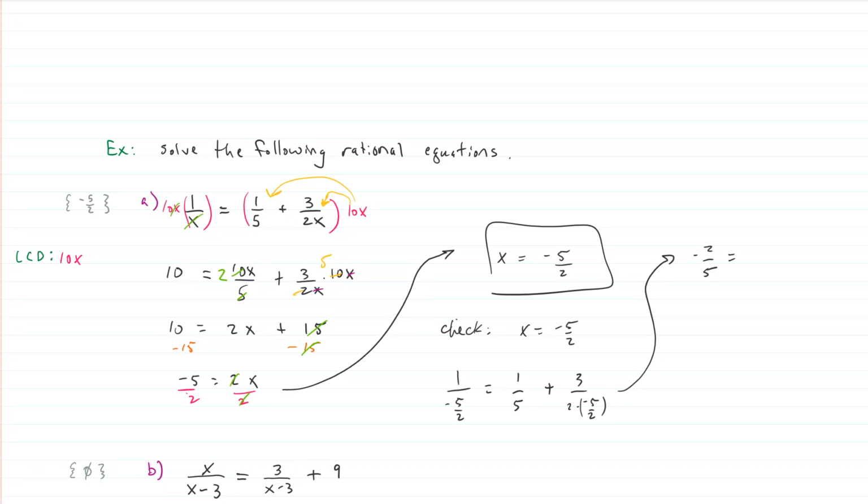And we have 1/5 plus, the 2's can cancel in the denominator. Here we get -3/5. And 1/5 minus 3/5 is -2/5. So that does it. We have -2/5 equals -2/5. So we verified that that is an actual solution, so that works.